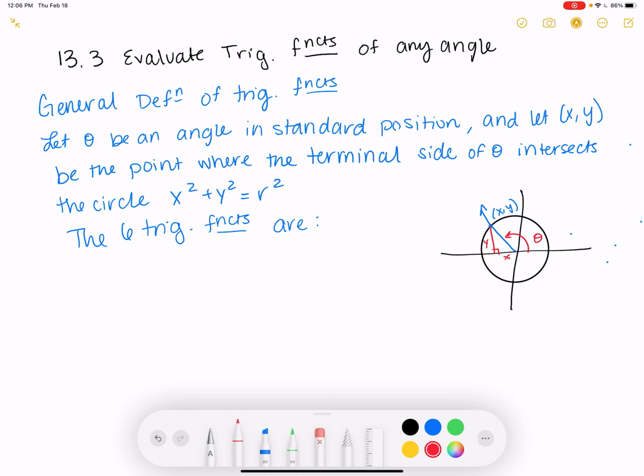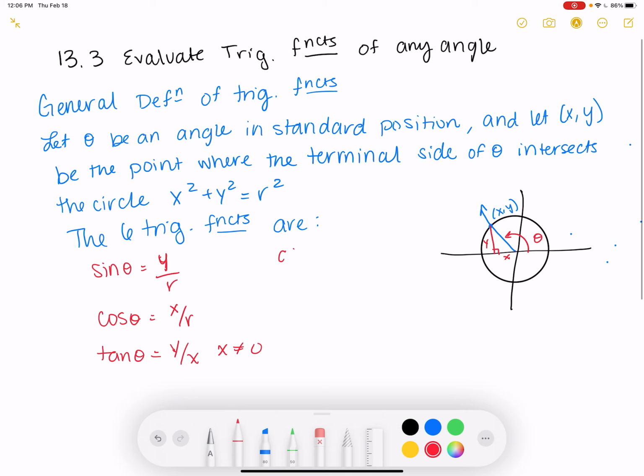Okay, so the 6 trig functions, sine of theta is y over r. Cosine of theta is x over r. Tangent of theta is y over x, assuming x is not equal to 0. Now r is not going to be 0, so we don't have to worry about that with the other ones, but with the tangent, x could potentially be 0.